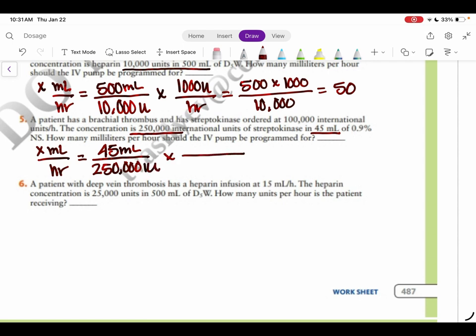Then my order was 100,000 IU over an hour. Okay. 45 times 100,000, and then I'm gonna divide by 250,000. I get 18.